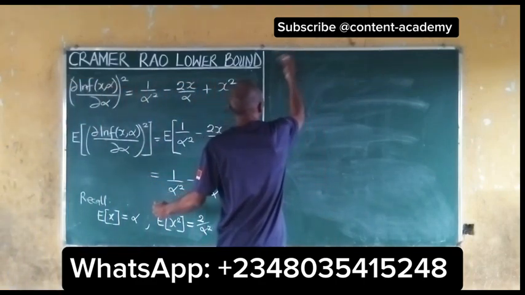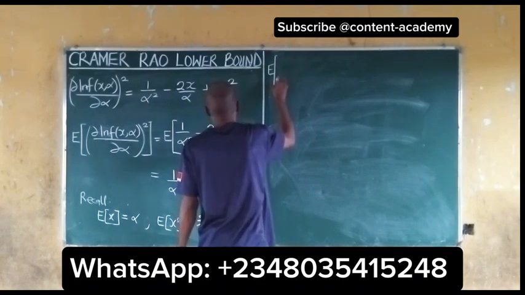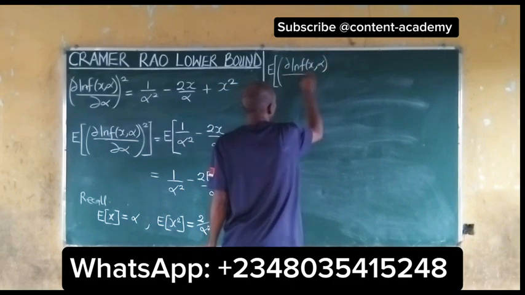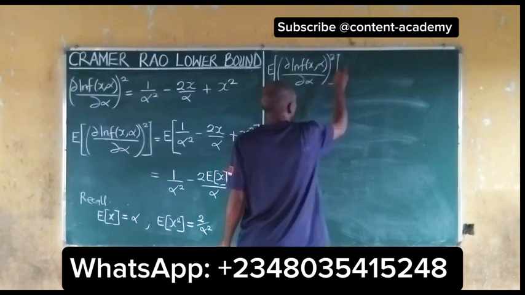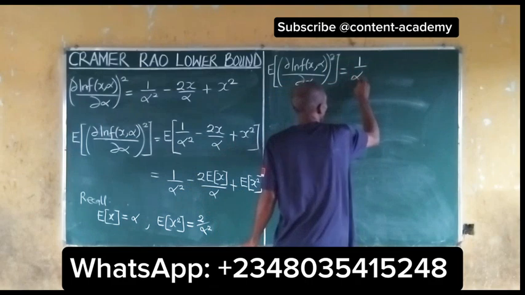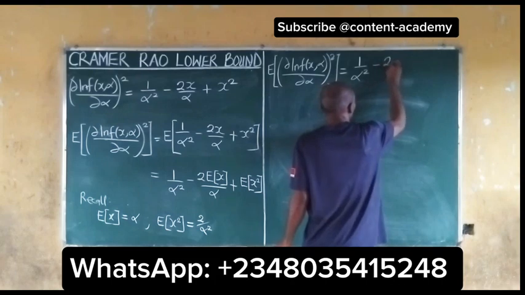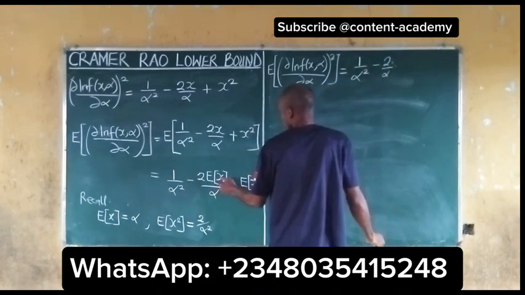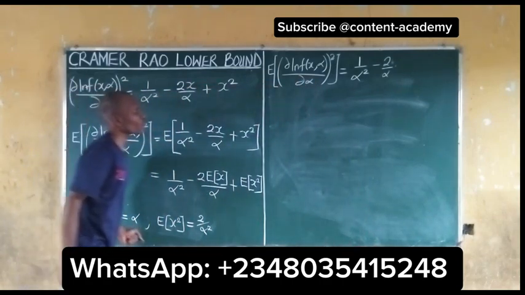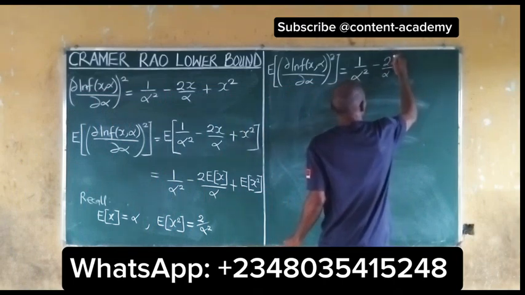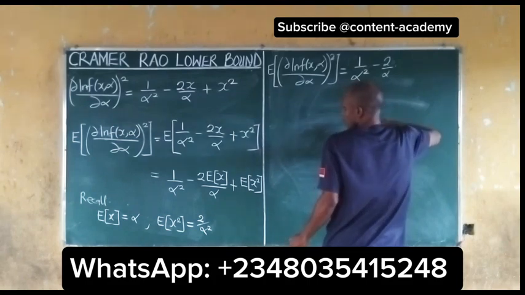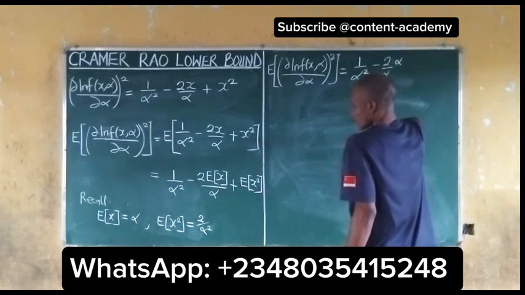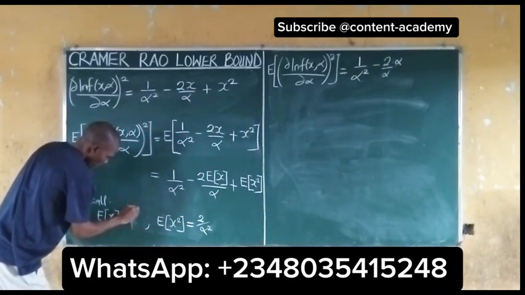So we get our expectation from the Cramér-Rao inequality to be equal to 1 over alpha squared minus 2 times 2 all over alpha multiplied by our expected value of x. Sorry, this is 1 all over alpha.